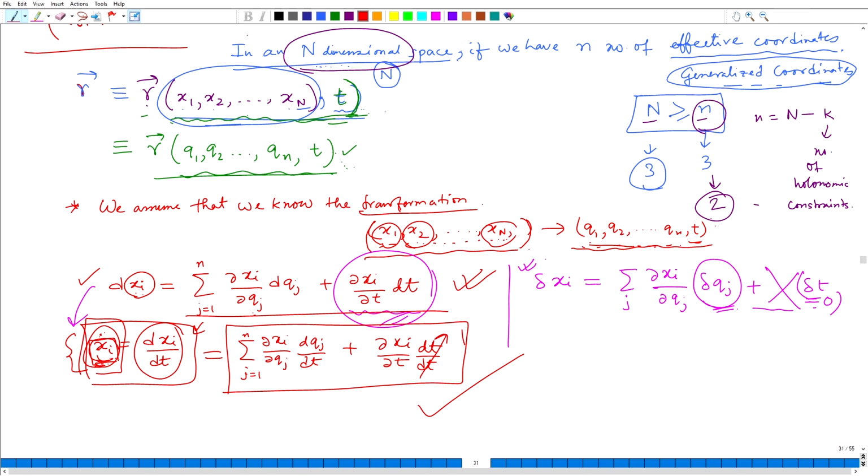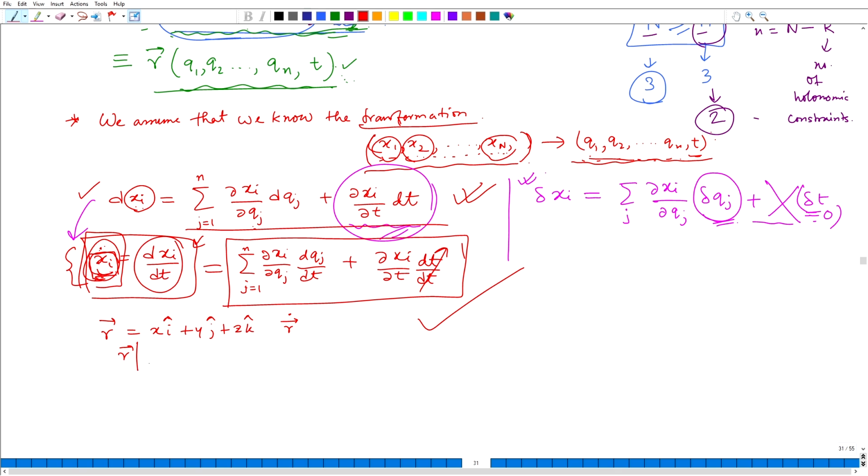For example, if you write the r vector is equal to x i cap plus y j cap plus z k cap, for convenience I can write the components as x1, x2 and x3.